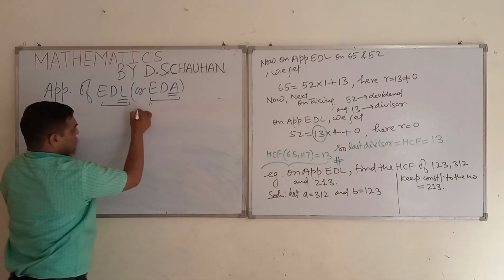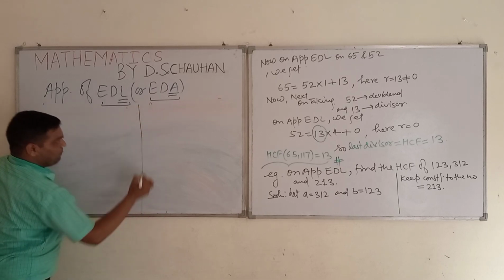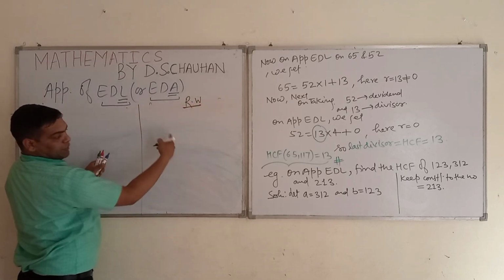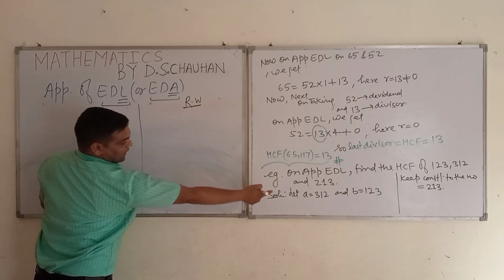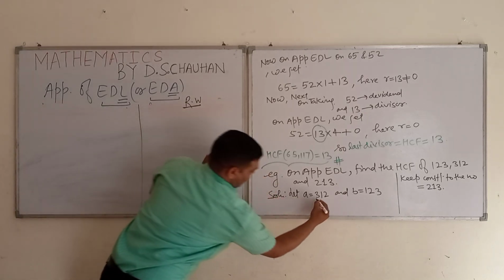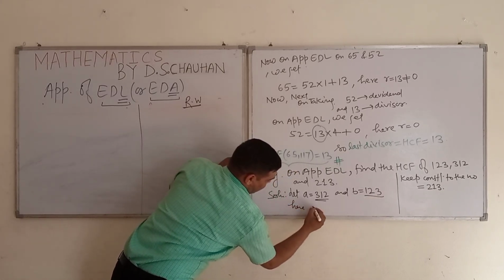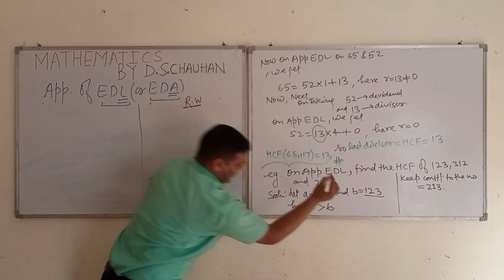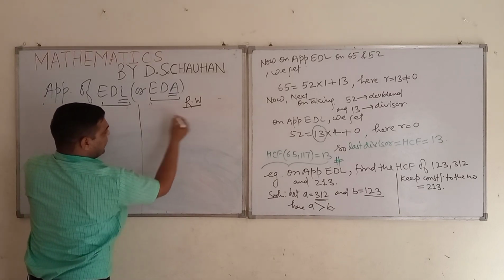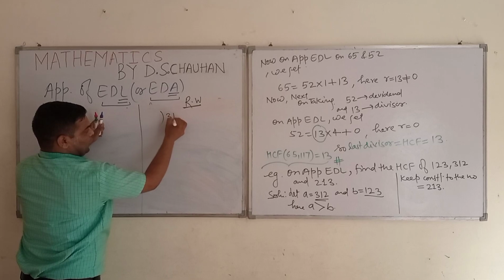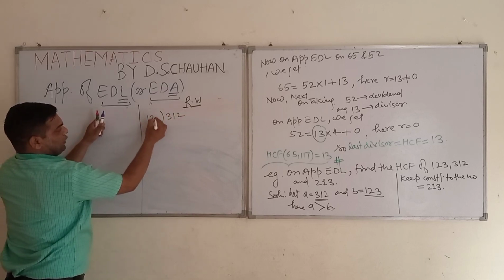Well students, now the solution continues. First of all you have to proceed with this type of rough work. Here we have taken A equal to 312 and B equal to 123. Here A is greater than B, so we will divide 312 by 123.